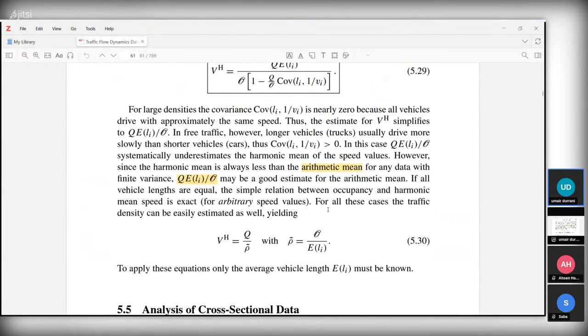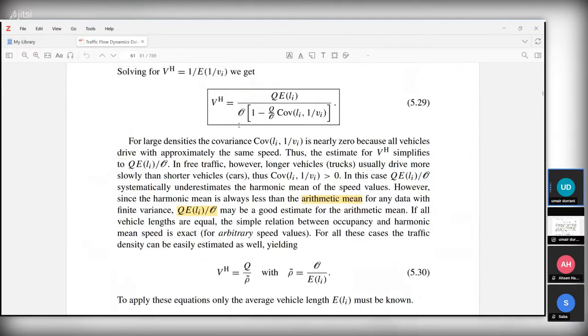And here they say for all these cases, the traffic density can be easily estimated as well. So if you have single loop detector only, and you have a reasonable assumption of the length of the vehicles, then you can use this equation for determining the harmonic mean speed. Or you can use this equation also based on our previous discussion, where we have harmonic mean speed coming from traffic flow and the estimate of traffic density using VH.